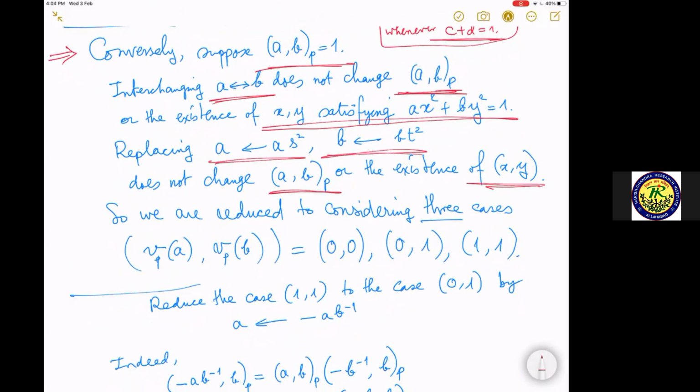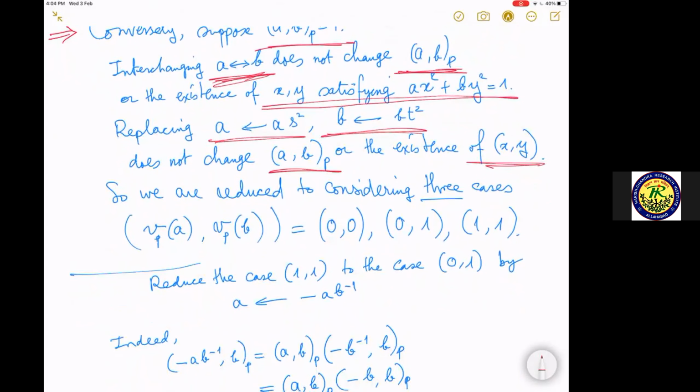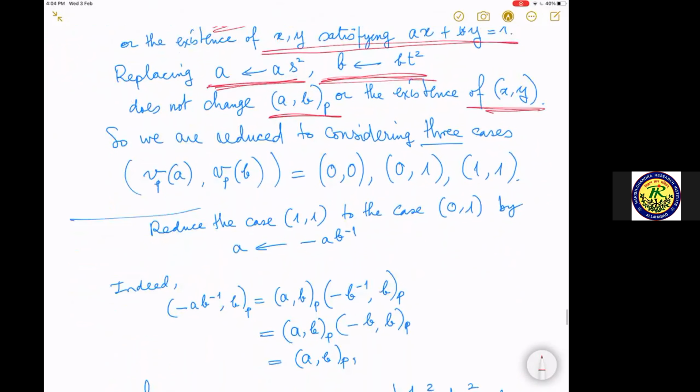So by this symmetry and this multiplication by squares, we are reduced to the following 3 cases for the valuations of a and b. Either the valuations of a and b are both 0, or they are both 1, or one of them is 0 and the other is 1, because the case 1, 0 is taken care of by interchanging a and b.